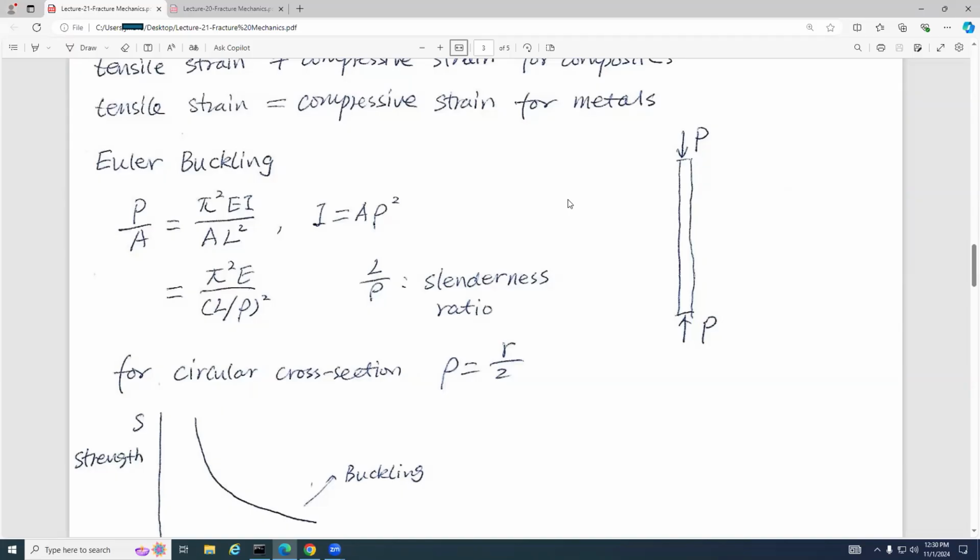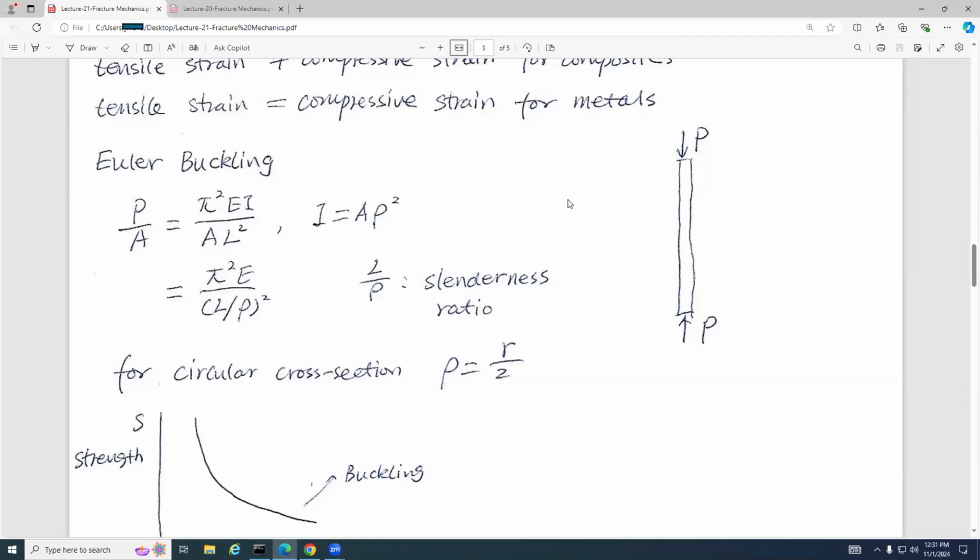On the contrary, if the length is not very long but the cross-sectional area is very tiny, we still have the buckling problem. That's the reason we introduced the slenderness ratio, to measure how easily this member will buckle.